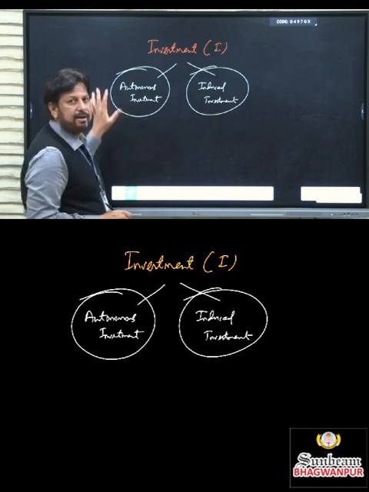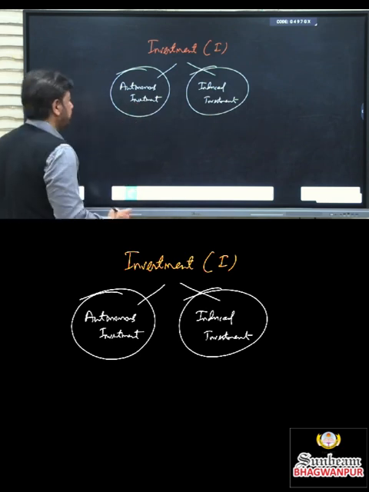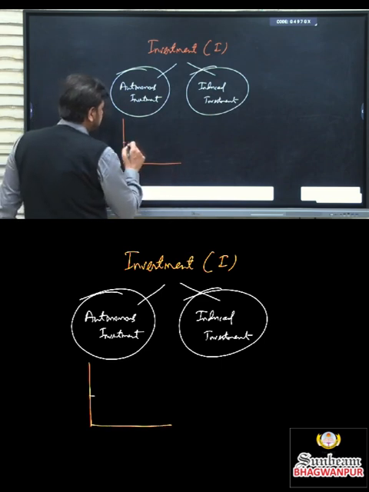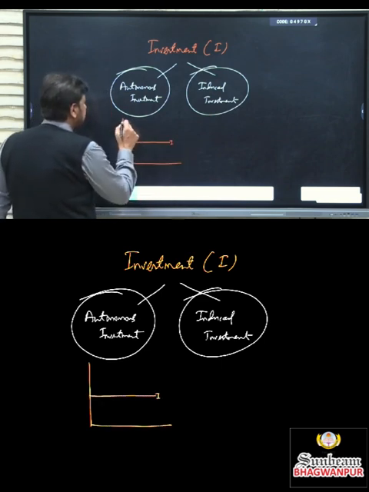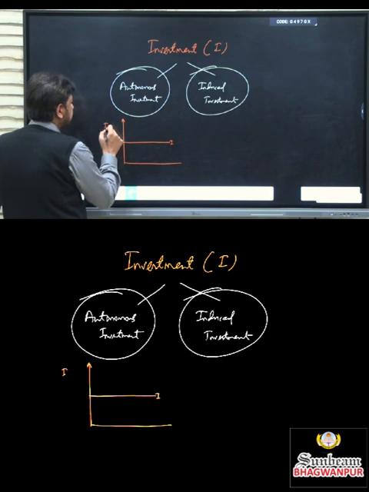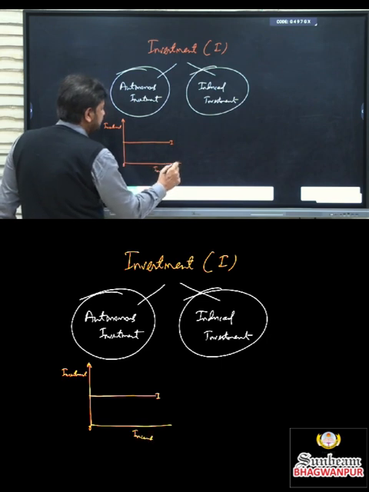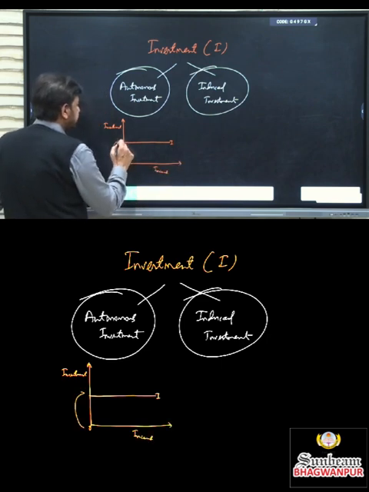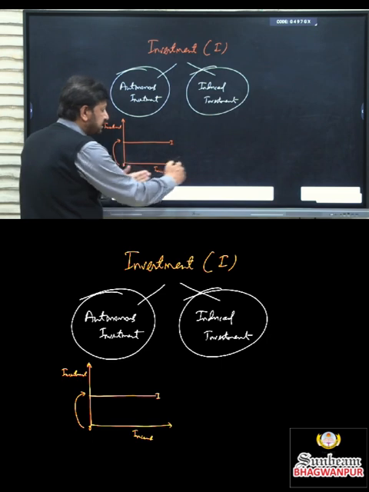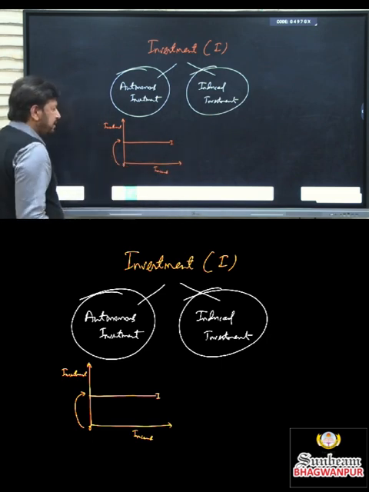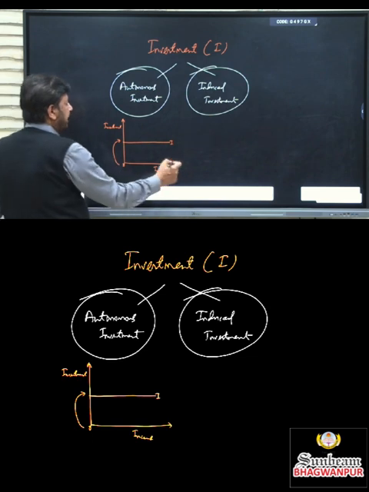So the autonomous investment curve is parallel to the x-axis. Because it does not change with the level of income, it remains constant, parallel to the x-axis.